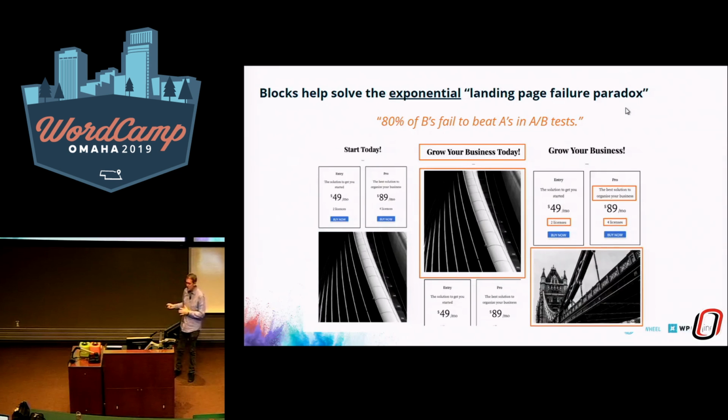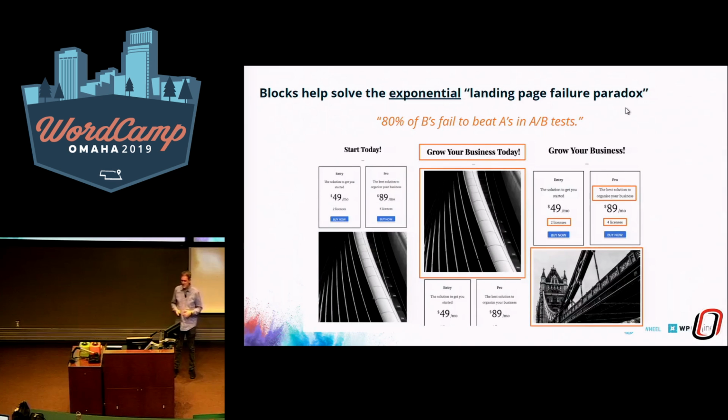But the data she shared from Experiment Engine with me was that 80% of the time in an A/B test, the B fails to beat the A. 80% of the time when a marketer and a designer sit down to purposely increase the outcome of a landing page, sales, leads, whatever it is, 80% of the time they fail.